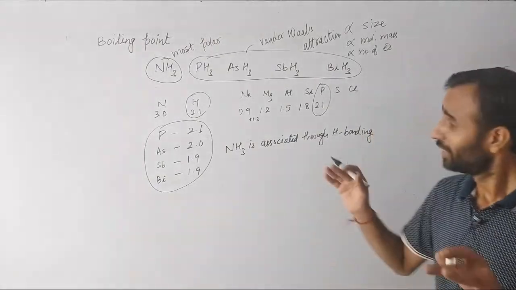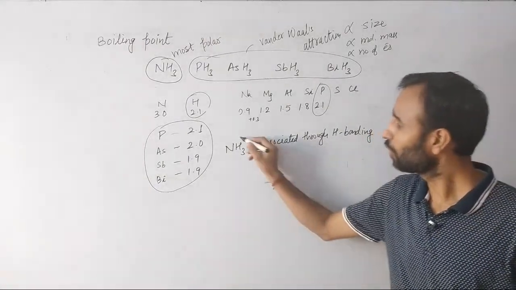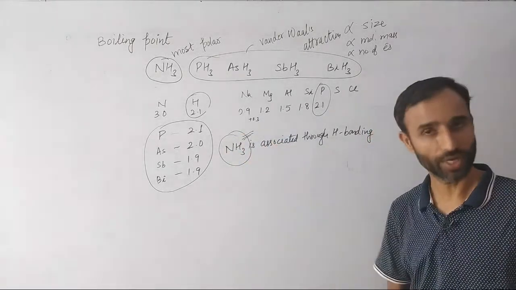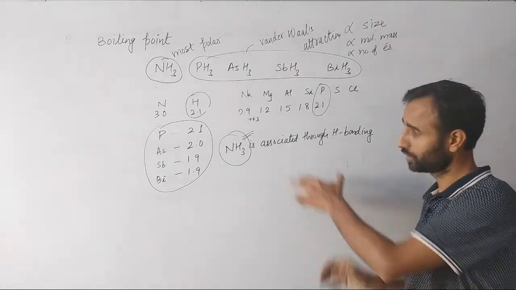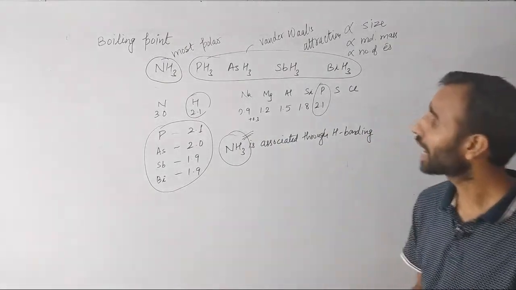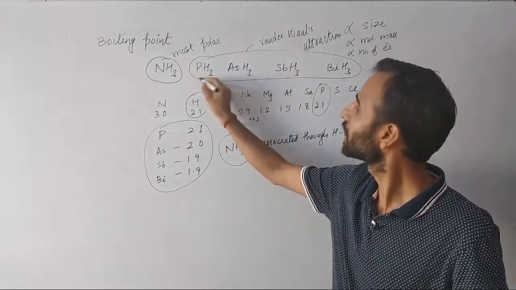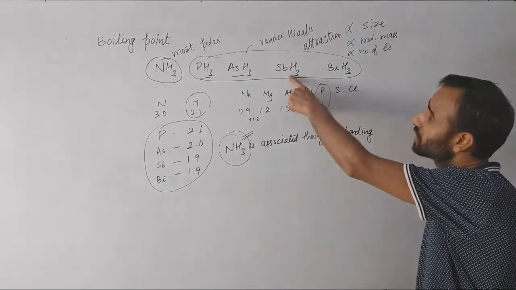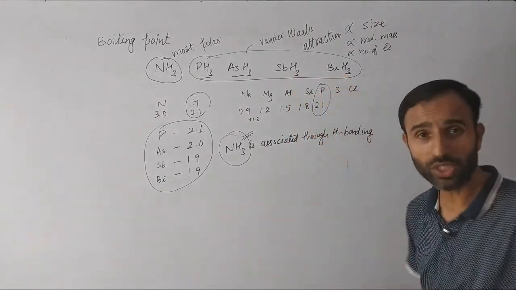Okay, so the boiling point of ammonia, due to its tendency to form hydrogen bonds, is more than PH3 and AsH3, but less than SbH3 and BiH3. Why is it so?